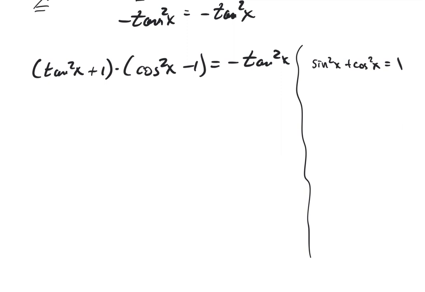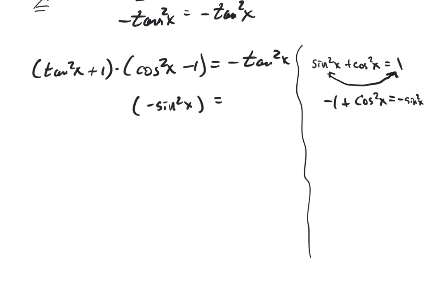And if I just take the sine squared and I take the 1 and I just flip those, I leave the cosine squared where it's at, but I move the 1 to the other side by subtraction, and I move the sine squared to the other side by subtraction, then cosine squared minus 1 can get replaced with negative sine squared. Everyone see that okay?